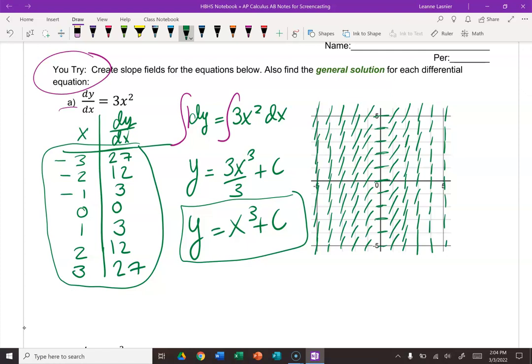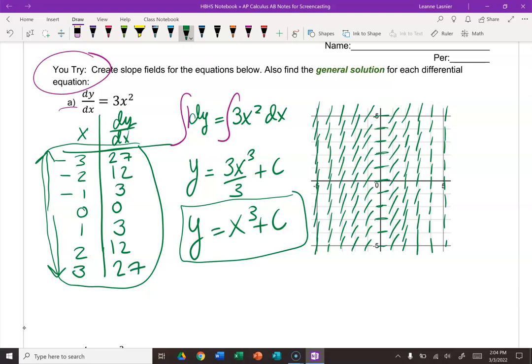I can see the trend: as x moves to the left, the slopes get steeper, and as x moves to the right, the slopes get steeper gradually. So you just make each slope on the right steeper than the one on the left, to the point where it almost looks vertical over here, where x is 5, because it would be a slope of 75. So this is an idea of what the slope field would look like.